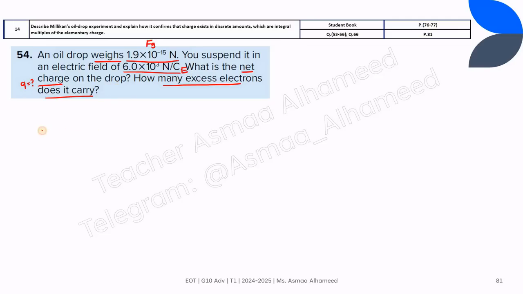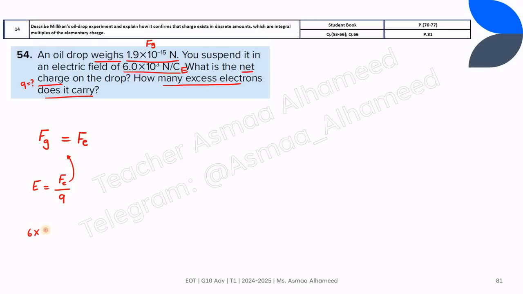Now first we say you have electric field, so the forces are Fg equal to Fe. So the equation of E is equal to Fe divided by Q. It was mentioned in the question that Fg is 1.9 times 10 to the power minus 15, and in this case it is equal to Fe, so we can use the same number.